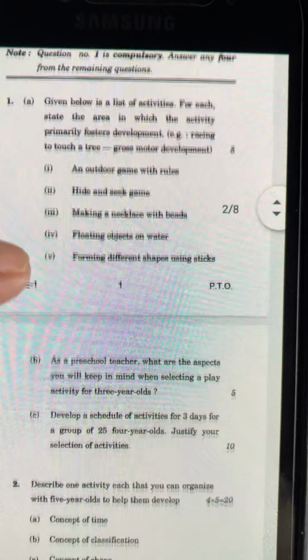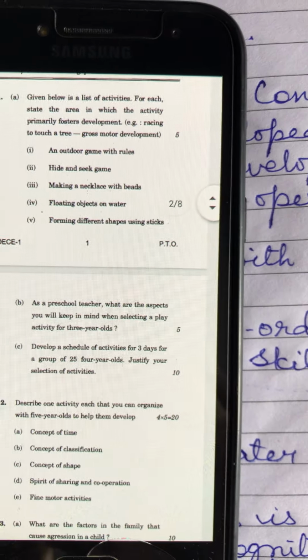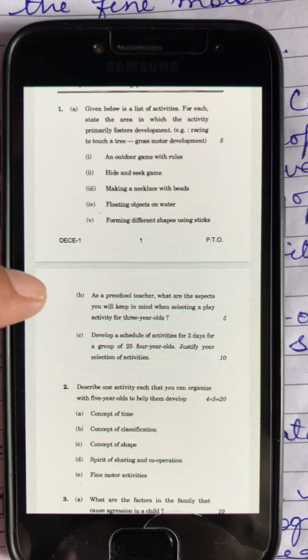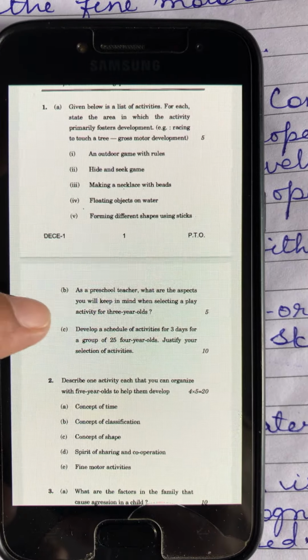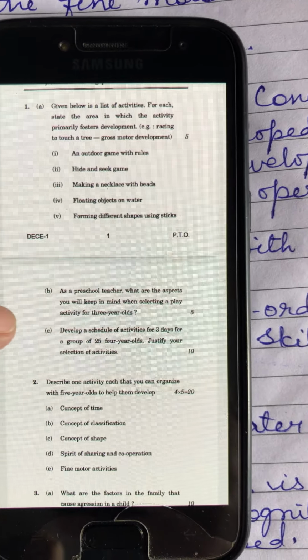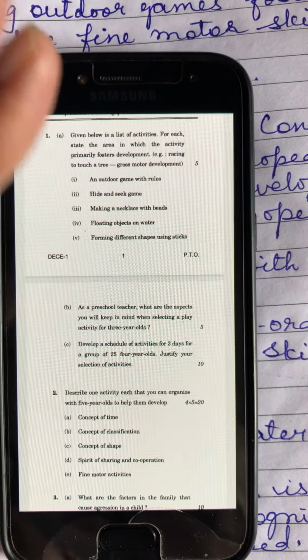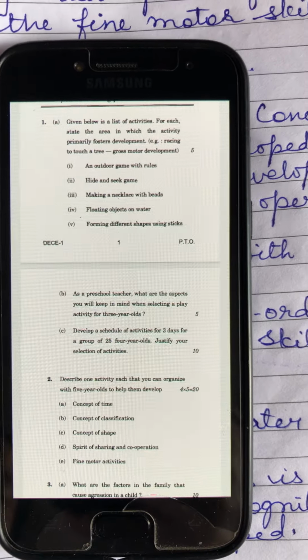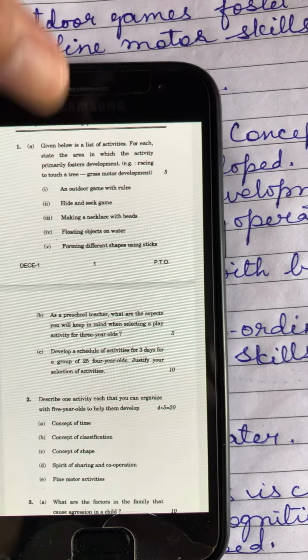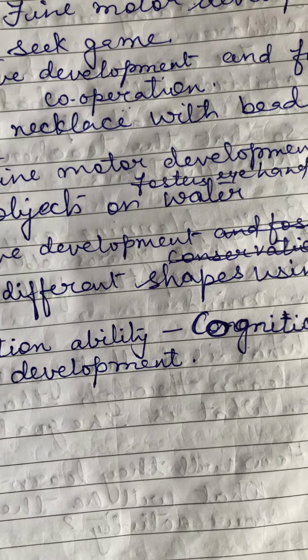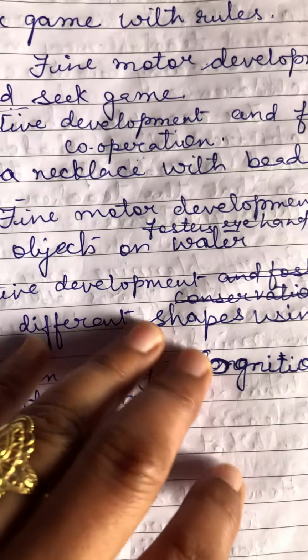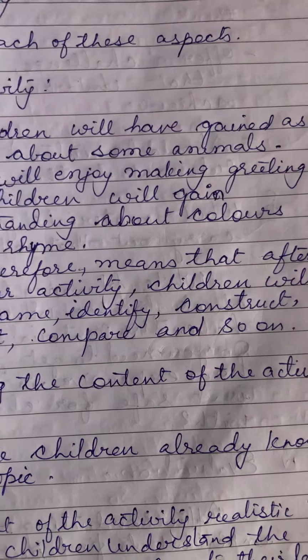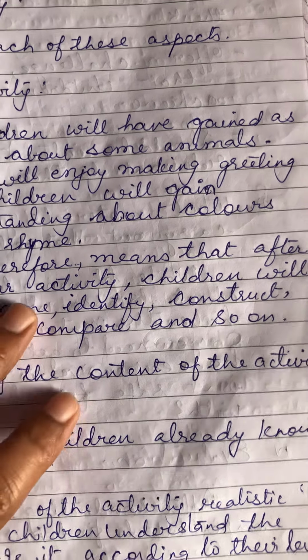The B part of the first question is: as a preschool teacher, what are the aspects you will keep in mind when selecting a play activity for 3-year-olds?